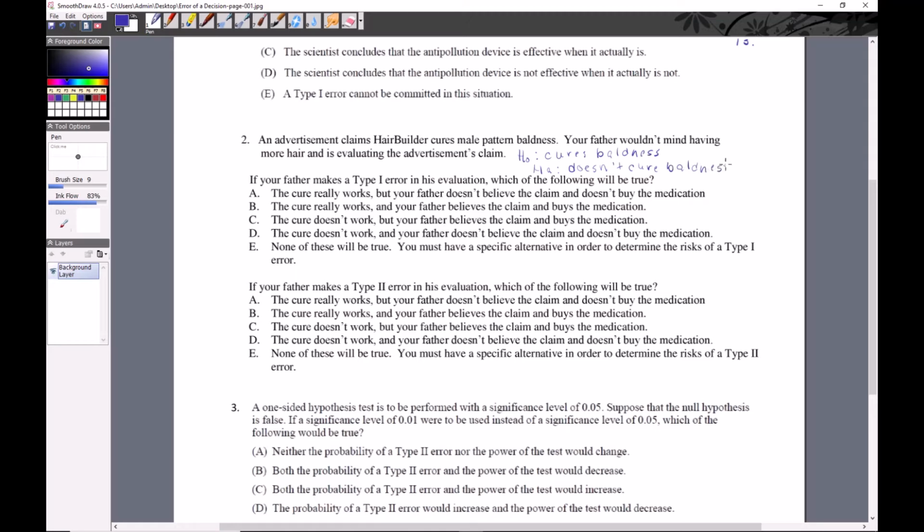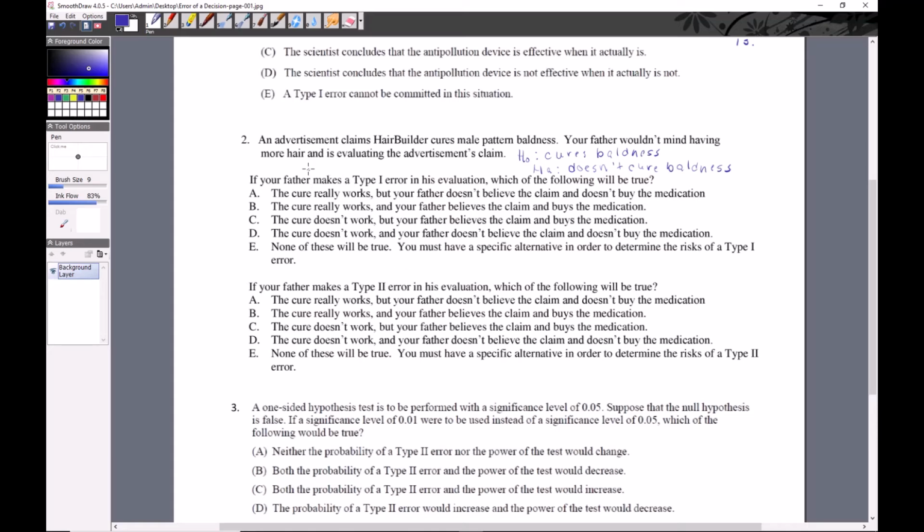And I like writing out H0 and HA and really drilling down deep into what's what, so these things don't mess around with my mind. All right, so we got a type 1 error. If your father makes a type 1 error in his evaluation, which of the following will be true?